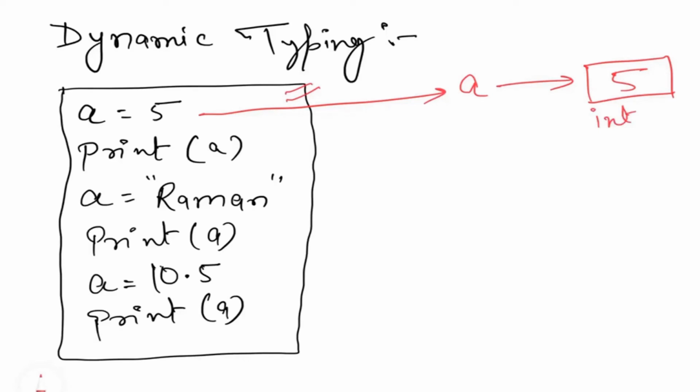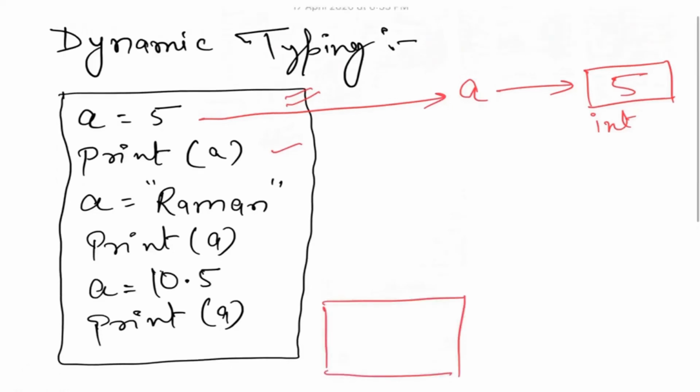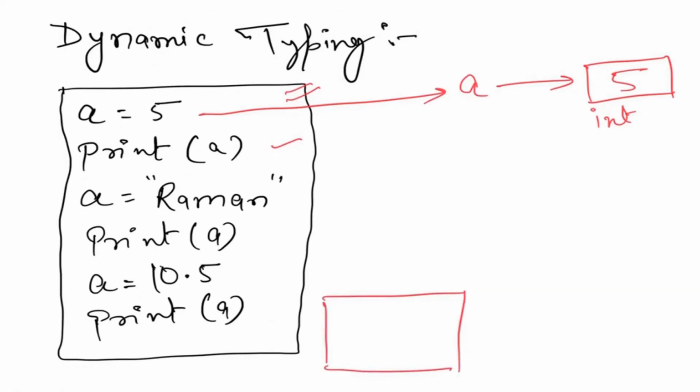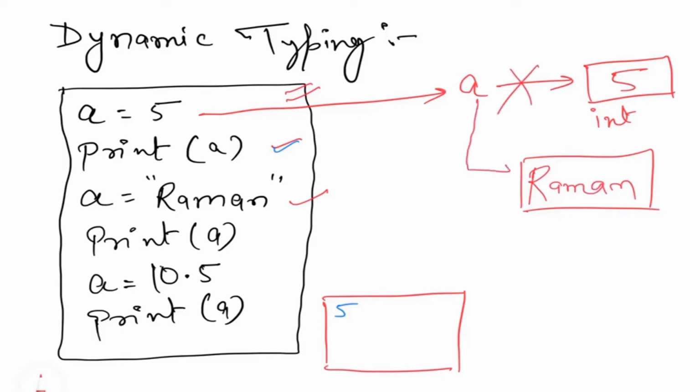Then print a. So it will print on the output screen, for this statement, it will print 5. Then after running the next statement, a will have the value Raman, and a will be pointing towards Raman.